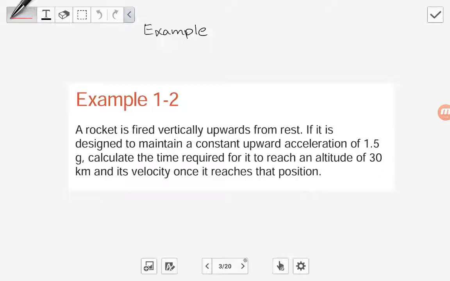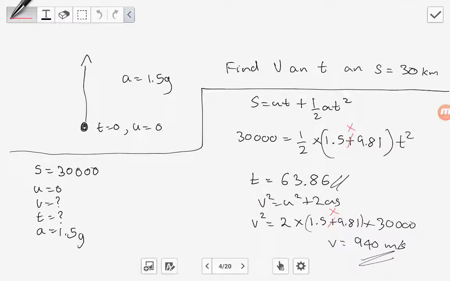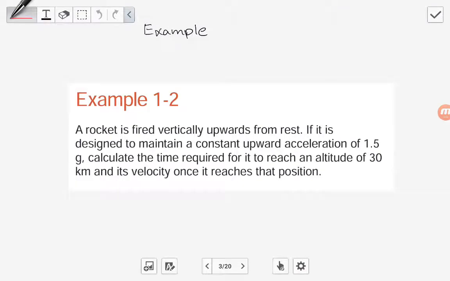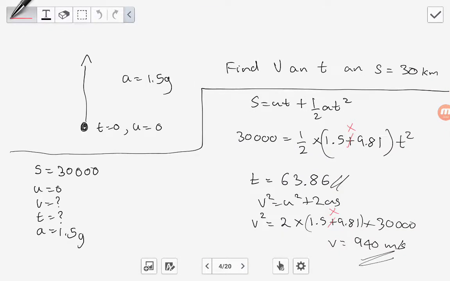Yeah, the first example. I'll keep the video going so you can probably read it. So what do we know? We know the initial velocity at t0, u is 0, and the upward acceleration is 1.5 g, and we have to find velocity at the time when the distance is 30 kilometers.